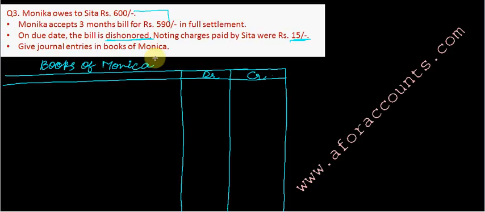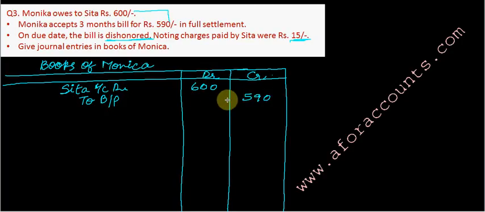Okay, books of Monica. Monica owes to Sita rupees 600. Means Monica has to give rupees 600 to Sita. So she is giving it by raising a bill payable. Sita account debit to bills payable. She owes 600 and the bill payable is only of 590 in full settlement.